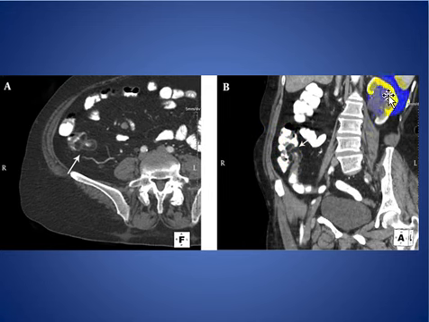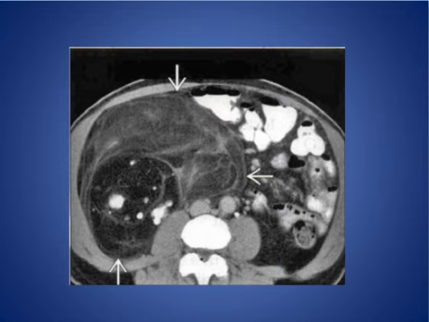And this patient also has a parapelvic cyst on the left side of the kidney. This patient has retroperitoneal liposarcoma, a large mass of fat and soft tissue density simulating an intraperitoneal mass lesion.